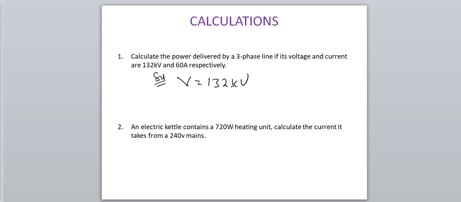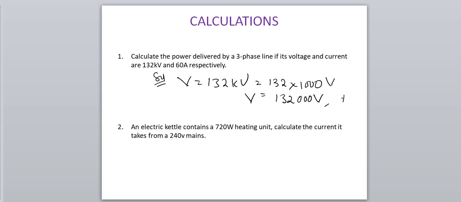We are going to change this kilo to volts. Anytime you get kilo or K, that means 1000. So we multiply 132 by 1000 and get 132 followed by 3 zeros. That is the voltage.